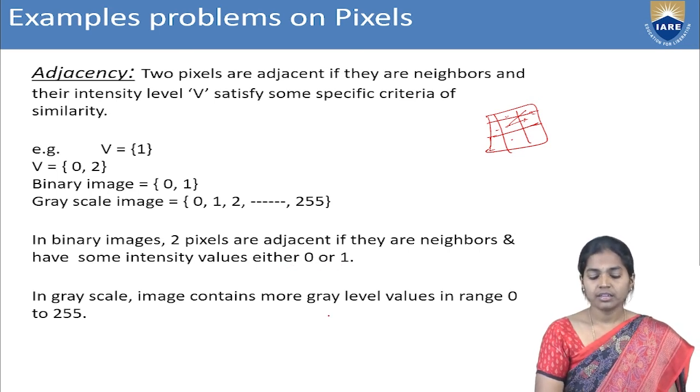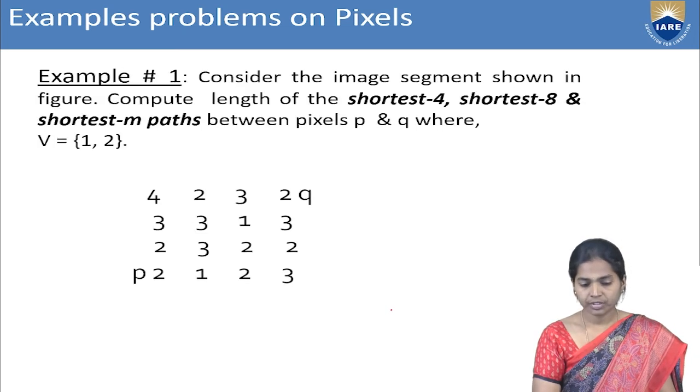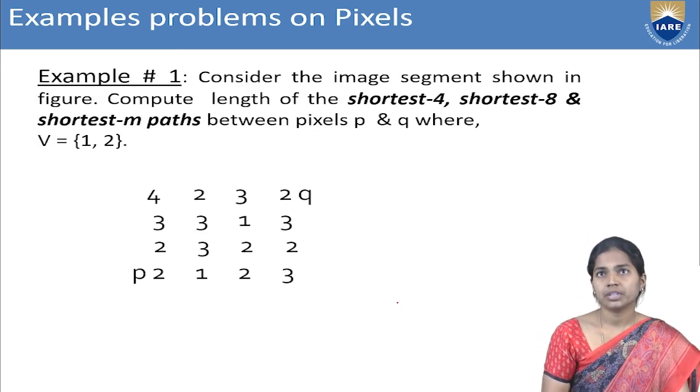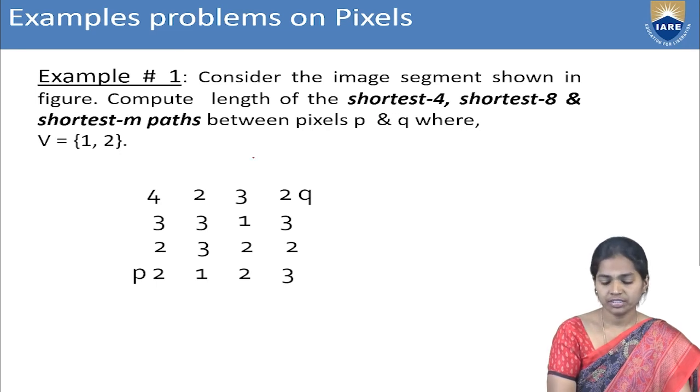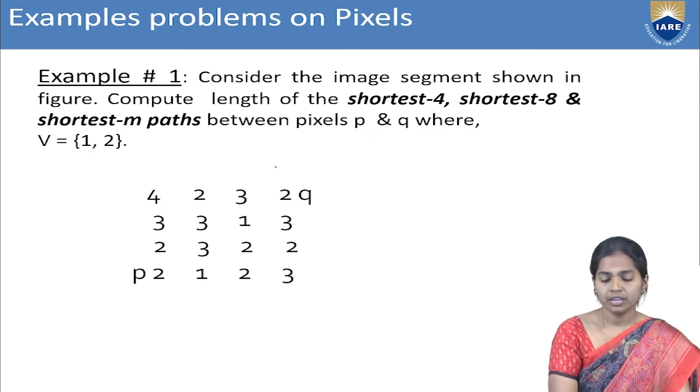In grayscale, the image contains more gray level values in the range 0 to 255. So in this example, consider the image segment shown in this figure. Compute the length of the shortest 4, shortest 8 and shortest M paths between pixels P and Q where V equals 1, 2.